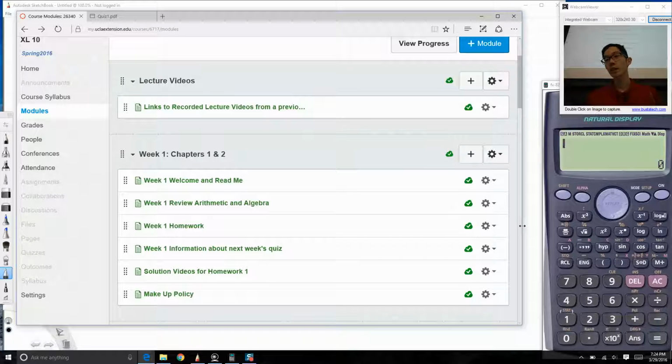On the other hand, I also teach another class called Stats XL 13 that meets on Thursdays. That's a faster-paced class. Most of the students in that class already have their bachelor's degree and are applying to a graduate program. Many of them have taken calculus, though it's not a requirement.